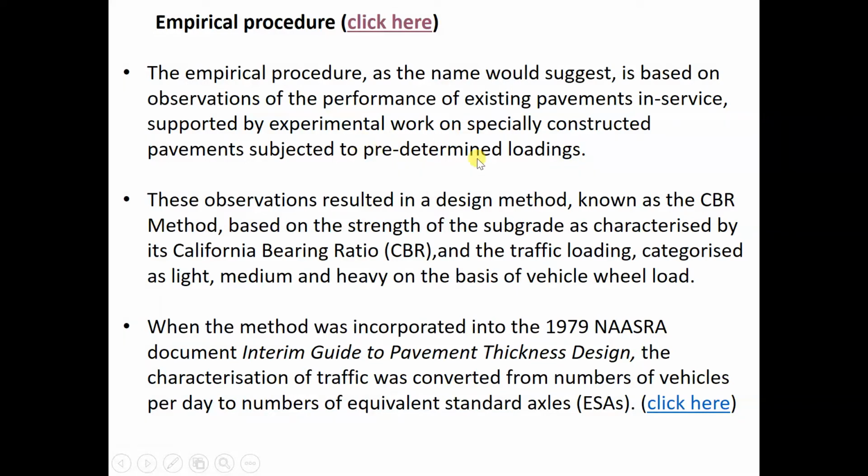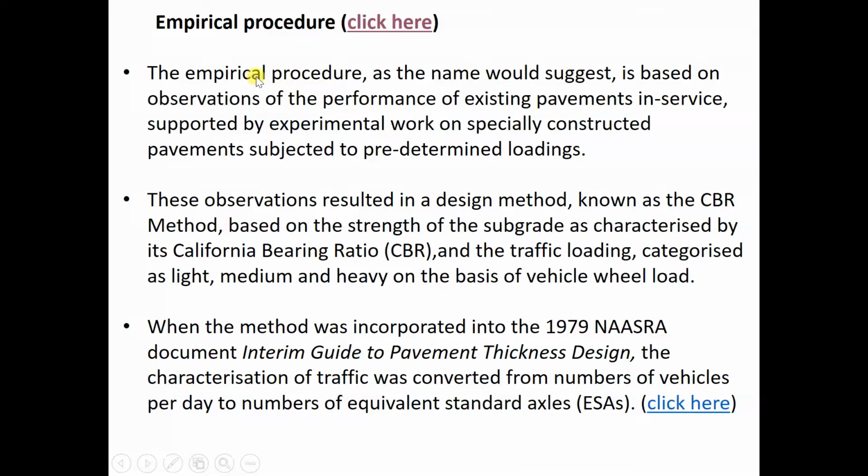Or sometimes they have a test strip, a test pavement, where they construct certain pavement, maybe of different thickness, so they can compare the performance of the various strips of the pavement. That's what we call the empirical procedure.